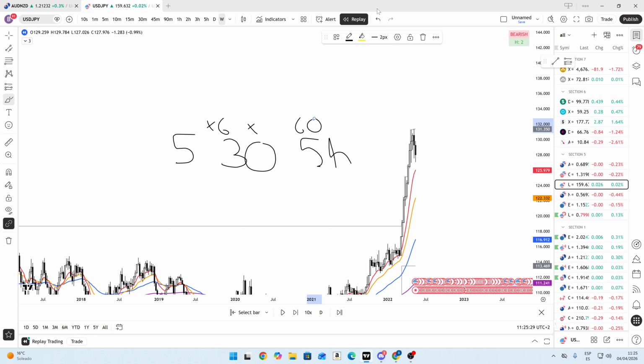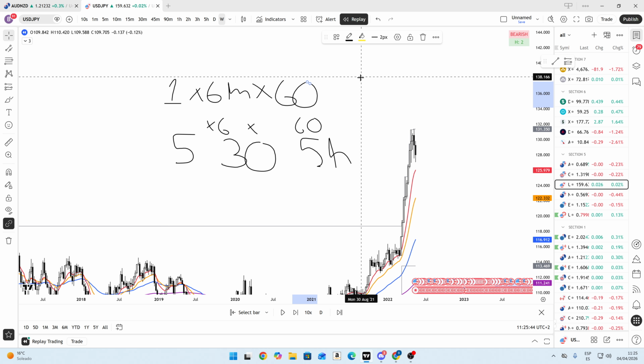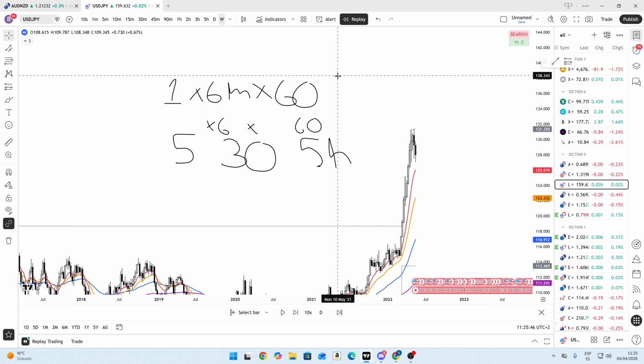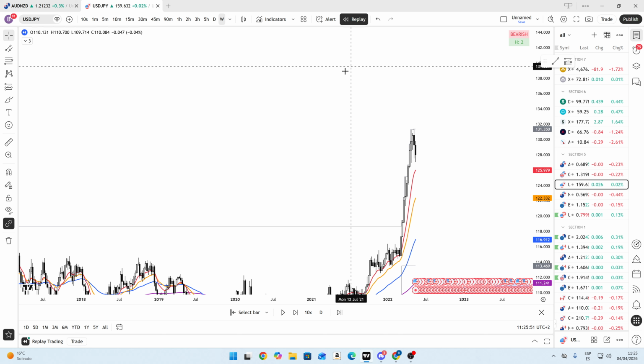For example, if you use the 1 minute as your entry time frame, times 6 is 6 minutes, and times 60 equals 60 minutes, or 1 hour. If you don't want to use it like this, it's up to you, but this is the way that I use it.